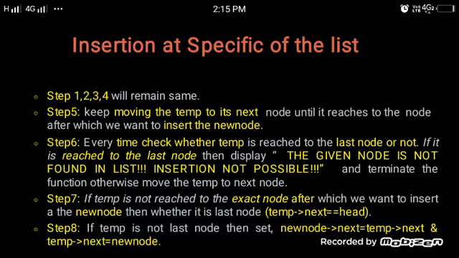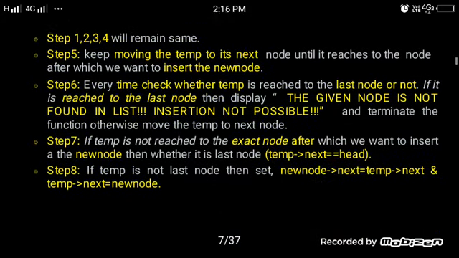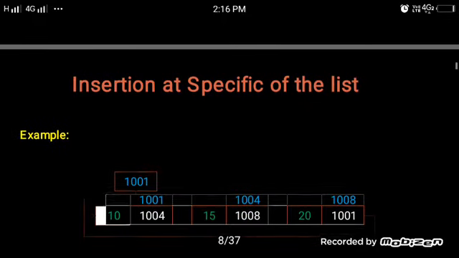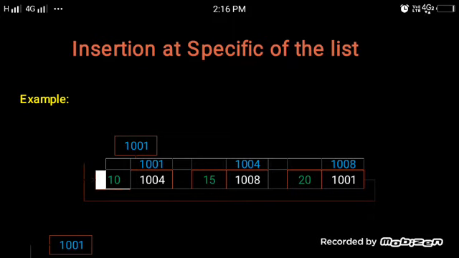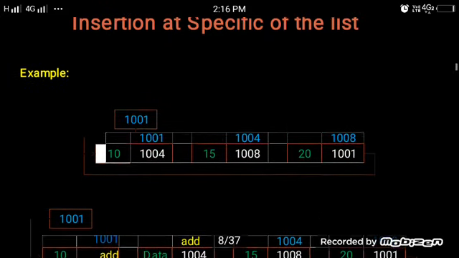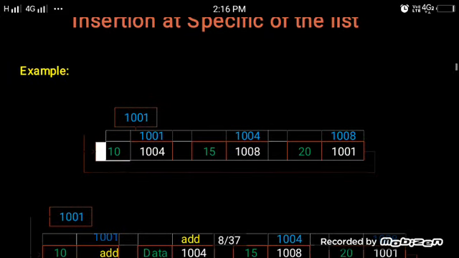This is about the insertion operation at a specific location of the list. Here I am going to show an example of insertion at a specific location. I am taking the values 10, 15, 20, each having some address.